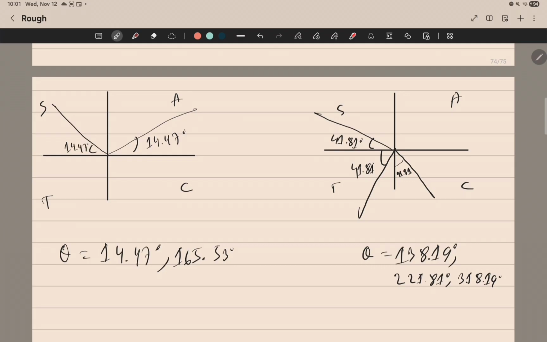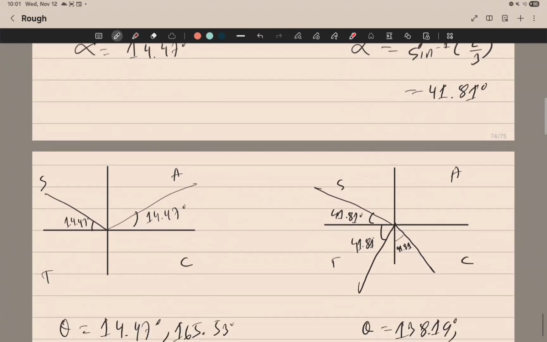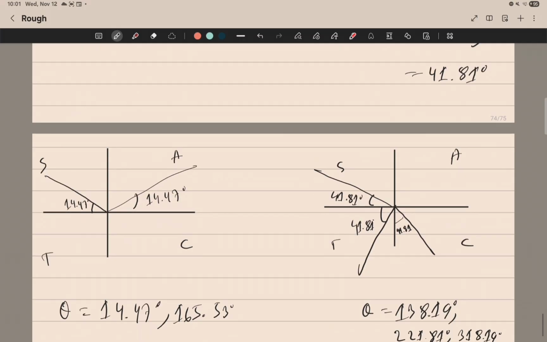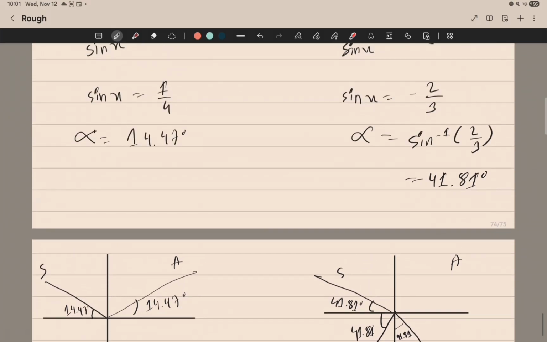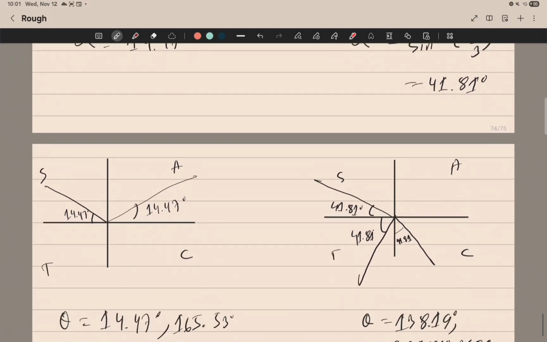Yeah, this looks like a C. I believe it's correct now because sine cannot be positive in tan or cos quadrants. And here sine was negative, and it can be negative.